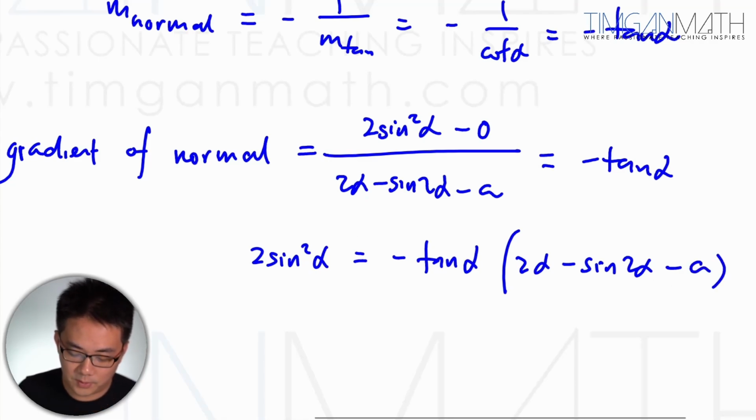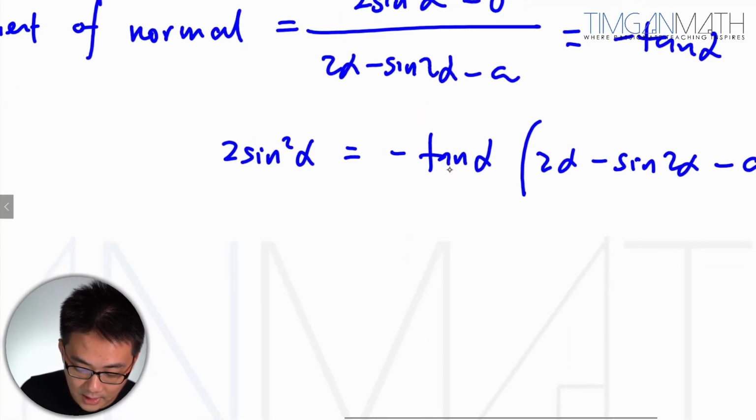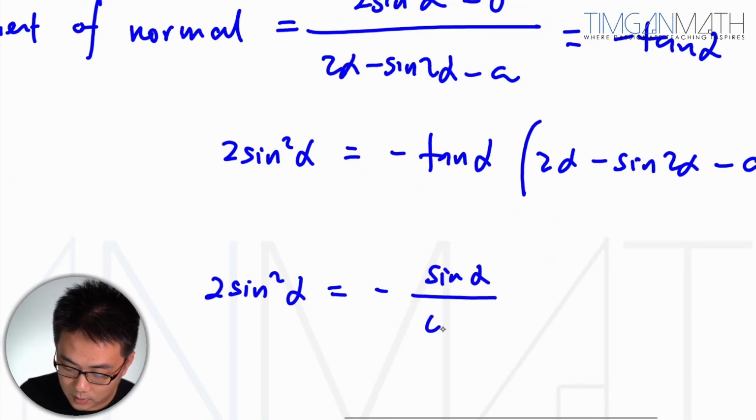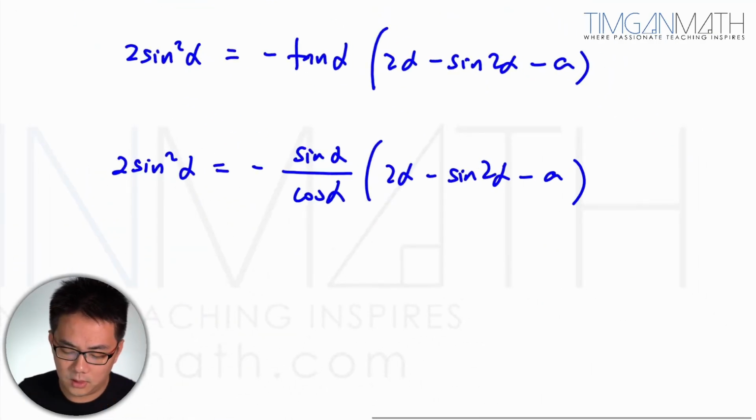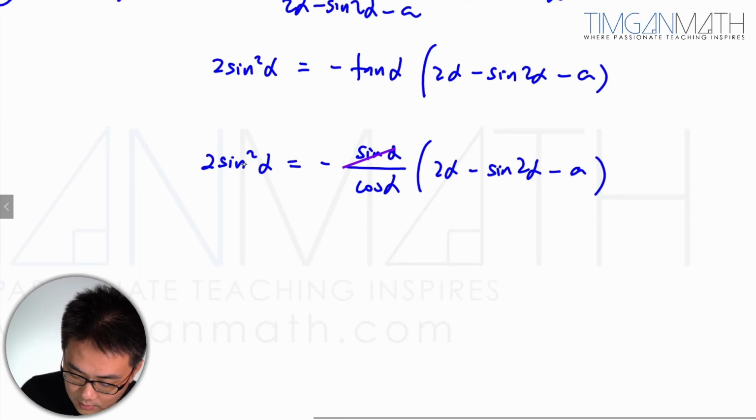So I just cross multiply this up, and it would just be 2 sine square alpha minus sine alpha cosine alpha. You could skip steps, but I'm trying not to skip too many steps so that you all could follow. So this part here will be alpha here, so this will be 1.